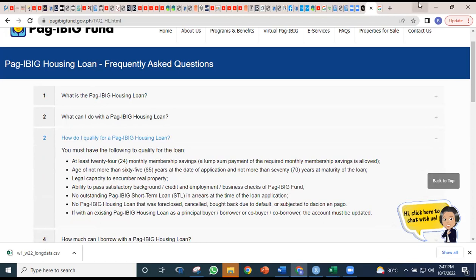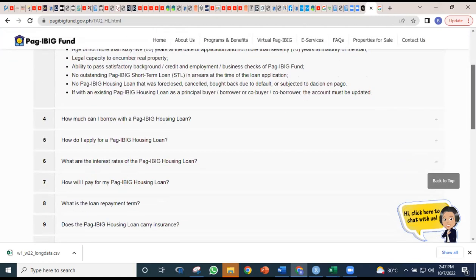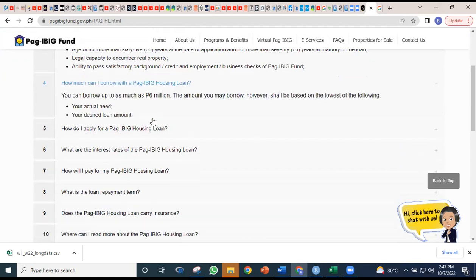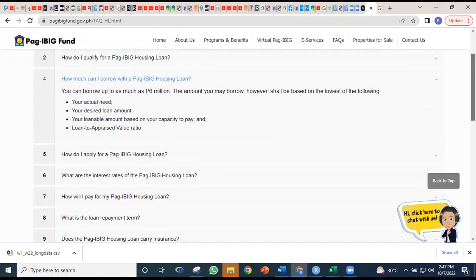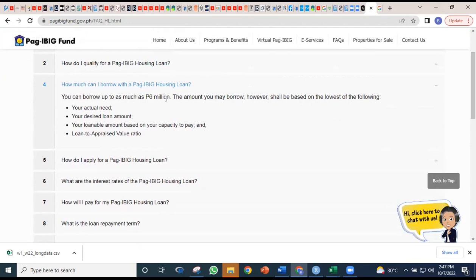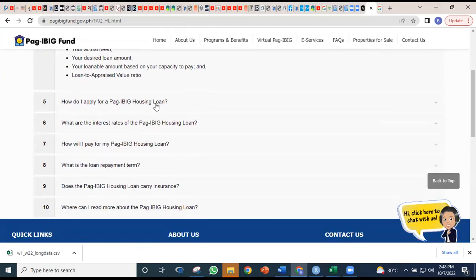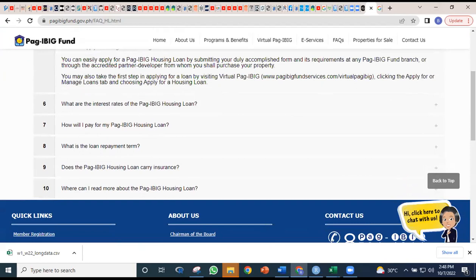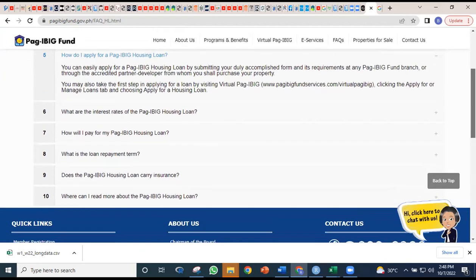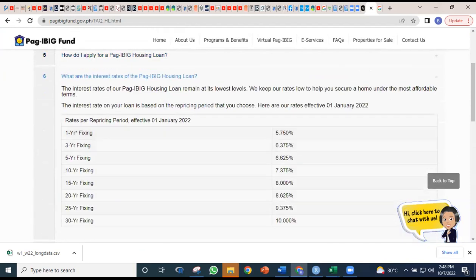We would just want to generally have an appreciation of what this government agency offers. And how much can I borrow? We said that the maximum is 6 million, but of course that will be assessed first before you can loan that amount. And so here are the steps in order to apply. We're not going to go into those details, but we're interested in the interest rates.